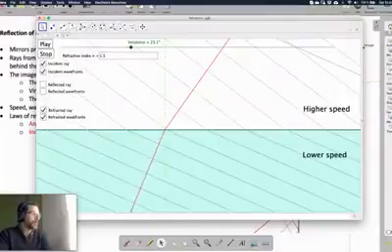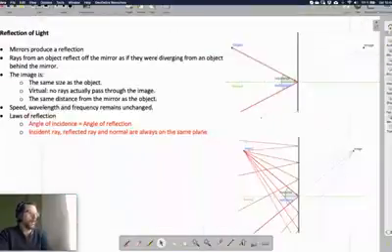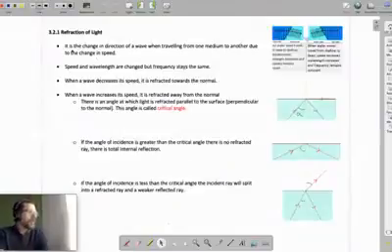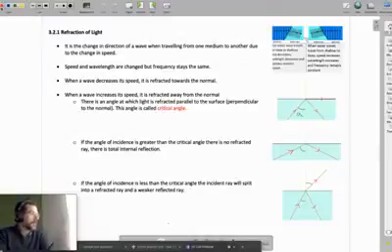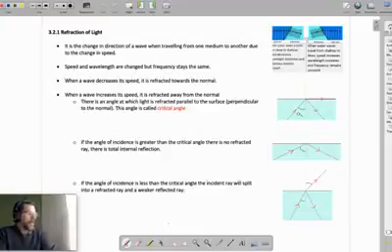Okay, let's go back to our theory now. So for the refraction of light, we have a definition. We'll say that it is a change in direction of a wave when traveling from one medium to another due to the change in speed. Speed and wavelength are changed, but frequency stays the same.